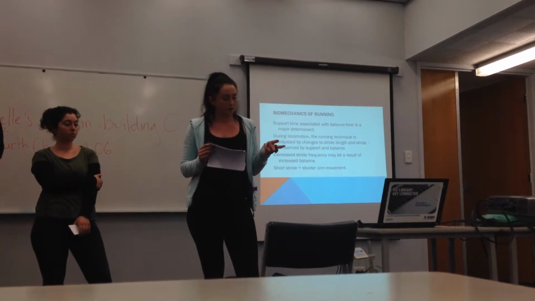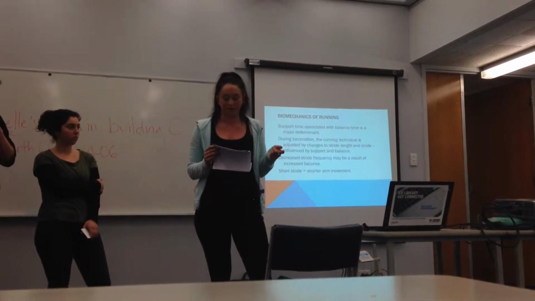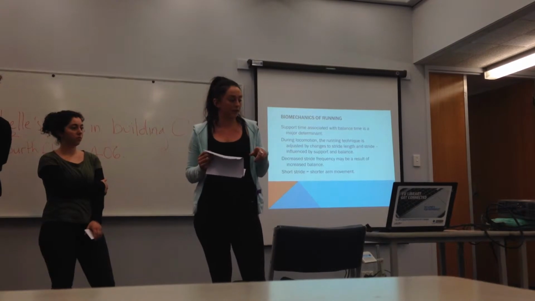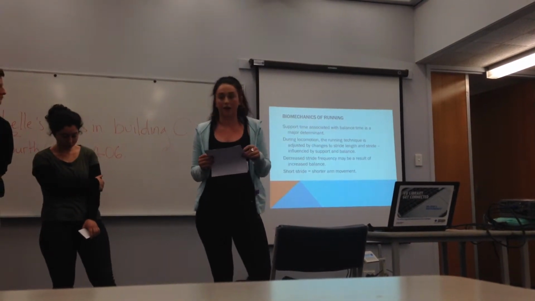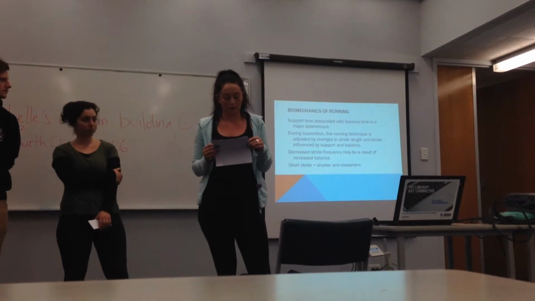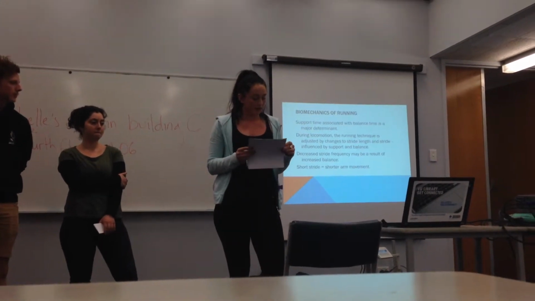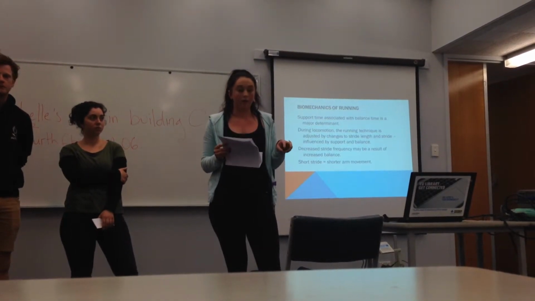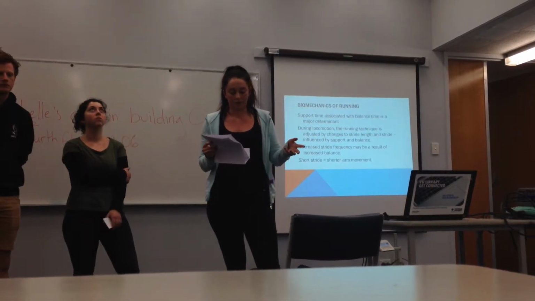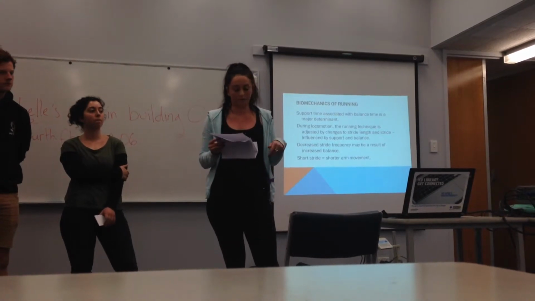So the support time is associated with the balance time, and that's a major determinant of the quality of running. During locomotion, the running technique is adjusted by changes in stride length, and this is influenced by support and balance time. So obviously the decrease in stride frequency may be a result of increased balance, and as we should all know, the shorter the stride, the shorter the arm movement.